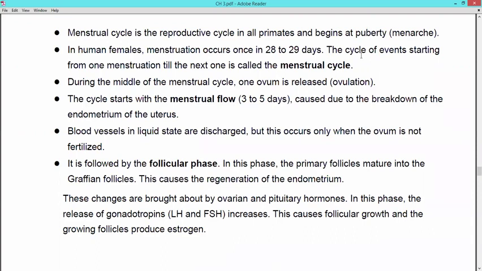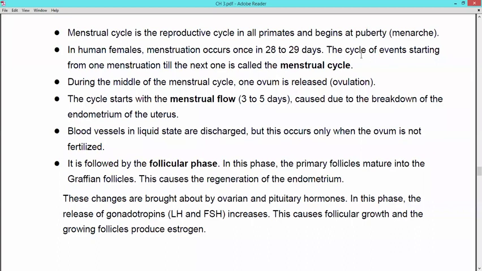So the levels of luteinizing hormone and follicle stimulating hormone increase, and this is going to cause follicular growth. That means it is going to allow the follicles to grow and get matured, or we can simply say that it is going to cause the primary follicles to get matured and become the Graafian follicles.